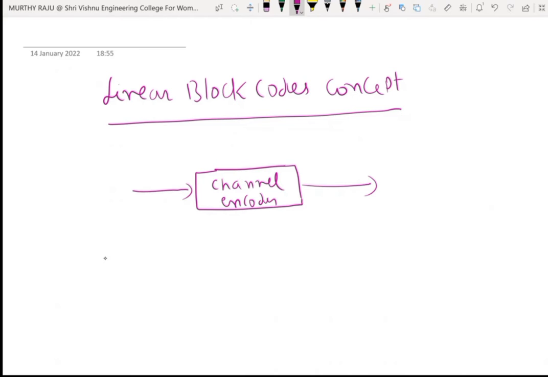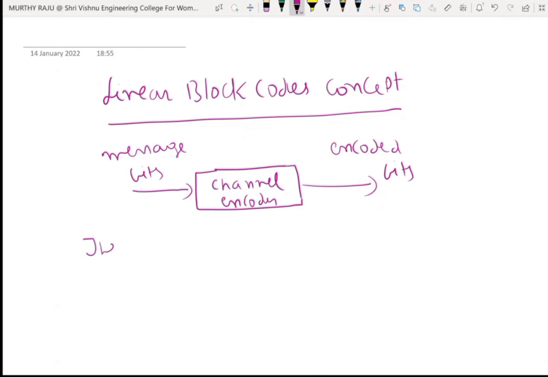The encoded signal is then transmitted over the noisy channel. The input to the channel encoder is message bits. Output of the channel encoder is the encoded bits.